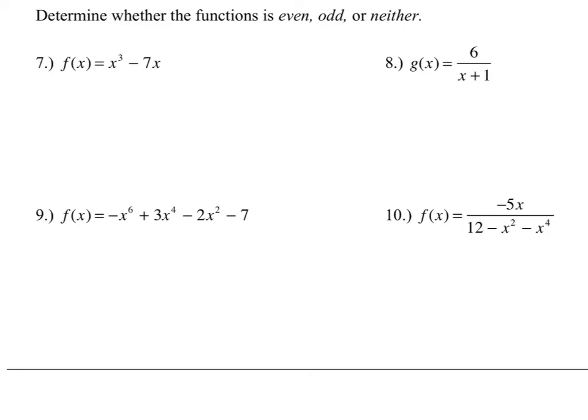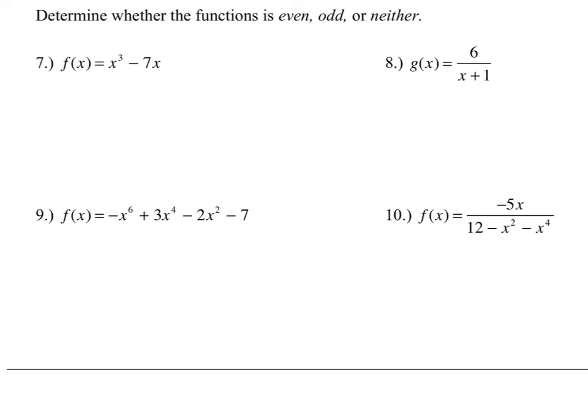So please remember this is different from even or odd with polynomials. When we studied polynomials, we talked about the idea that if you had a highest degree, highest exponent that was an even number, we called it an even function, and we knew both ends went up or both ends went down. If the highest degree or highest exponent was an odd number, then we said it was an odd function, and we knew one side would go up, the other side would go down. This is completely different.